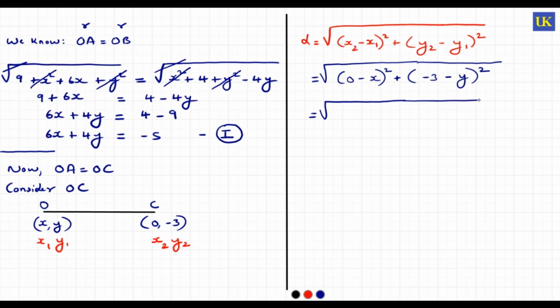So 0, leave it, minus x square, minus x square means it will become plus x square itself. Let me show it in the next step. Plus a minus b the whole square formula will apply here. So minus 3 is square, and in the formula this minus for a is not covered.